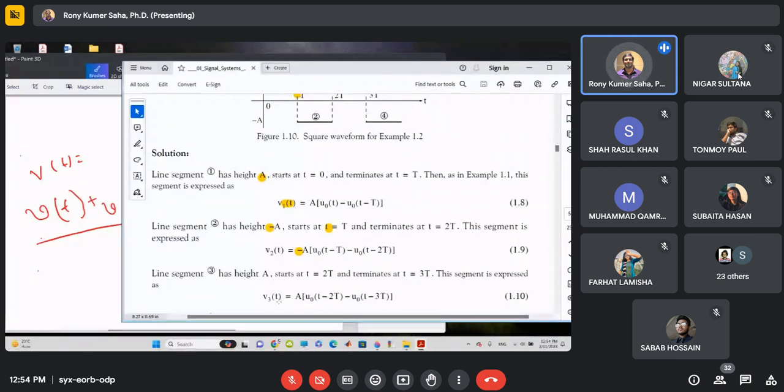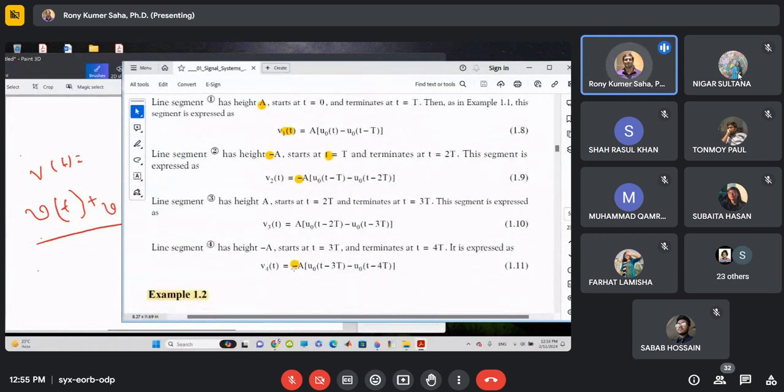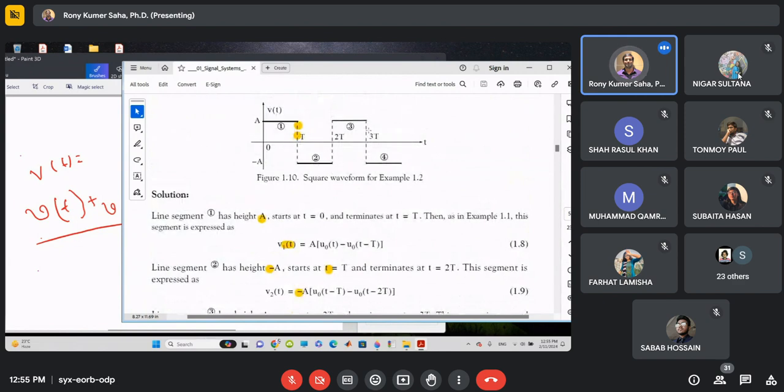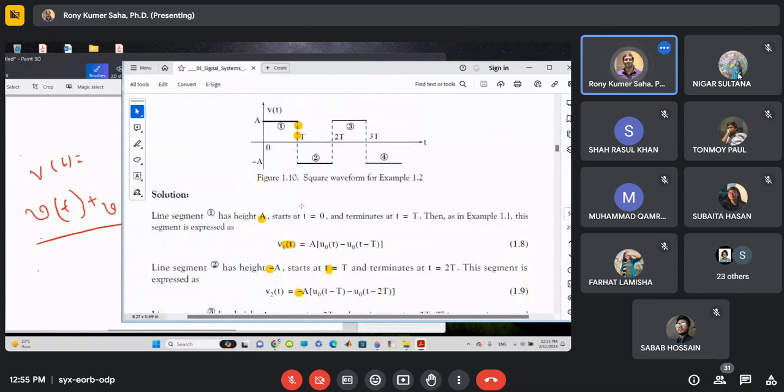The same is the case for the rest. For b3, it's 2T to 3T. And b4 has a negative value, from 3T to 4T. Each of these represents only that portion of the signal, and this way you can continue. Just sum all of these, and this will give you the response of this signal in terms of unit step functions.